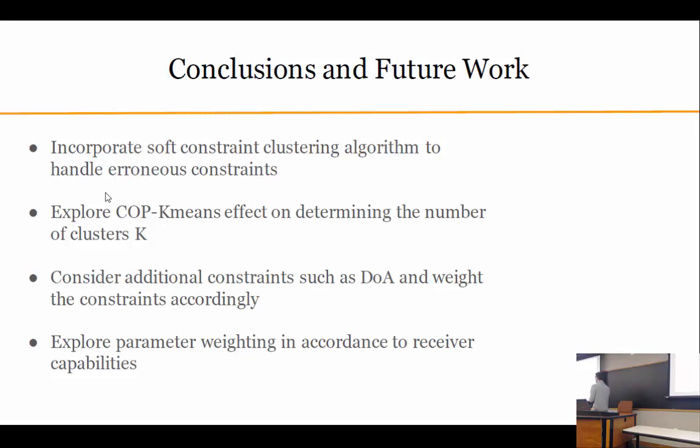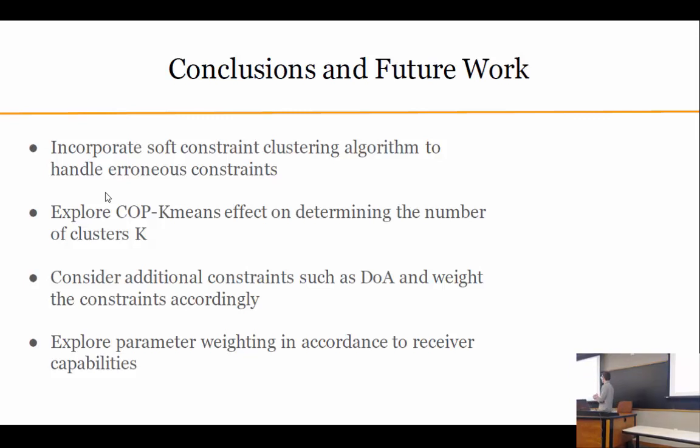Another thing I wanted to look at is incorporating multiple constraints and maybe weighting these constraints based on their accuracy. If your timing estimates are not very good, but you have very precise direction of arrival estimates, then the direction of arrival constraint could be weighted more than the timing estimate constraint.